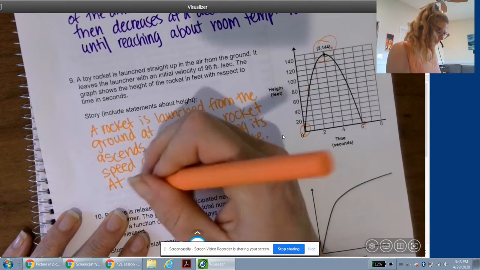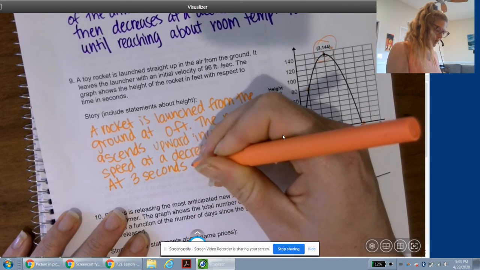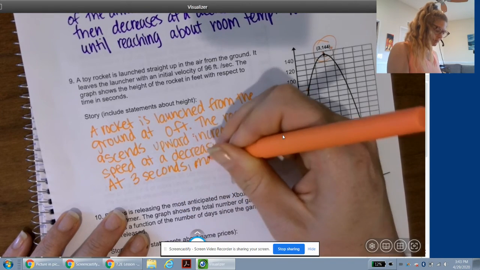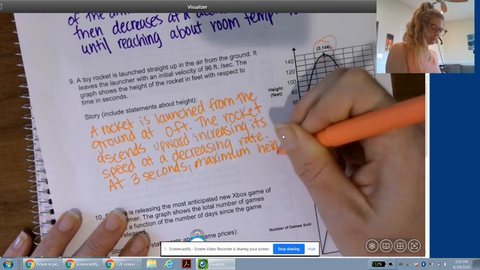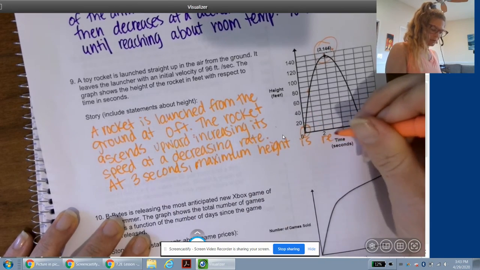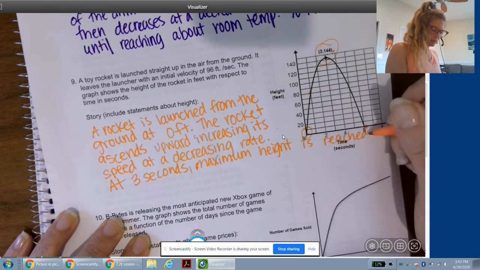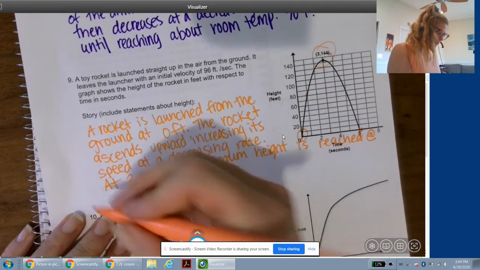At 3 seconds, maximum height is achieved or reached at 144 feet.